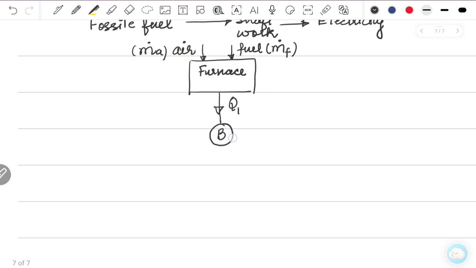This high pressure steam is then transferred to the turbine where the shaft work is produced, and this is transferred to a generator which produces electricity.